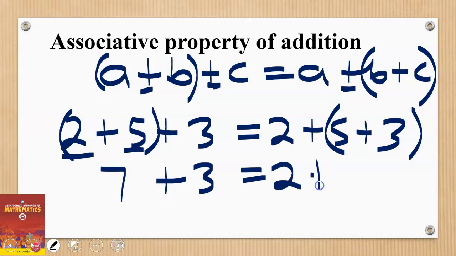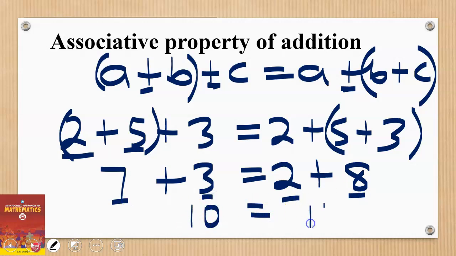So I'll keep my 2. 5 plus 3 is 8. 7 plus 3 is 10. 2 plus 8 is 10. Since the left-hand side is equal to the right-hand side, my conclusion is that addition is associative. It's as simple as that, right?